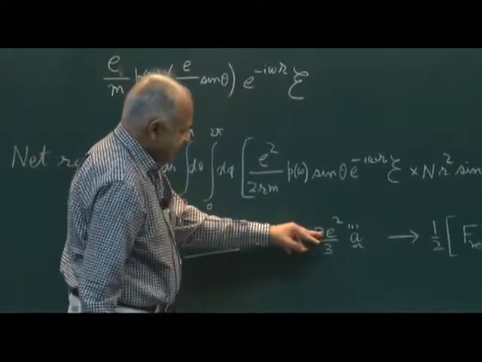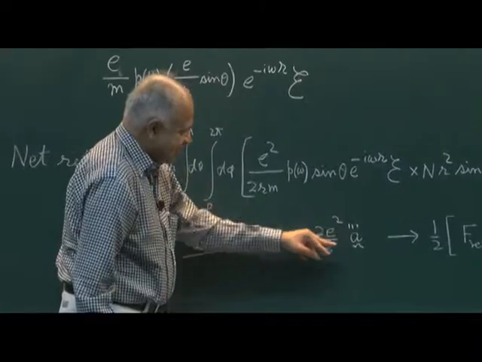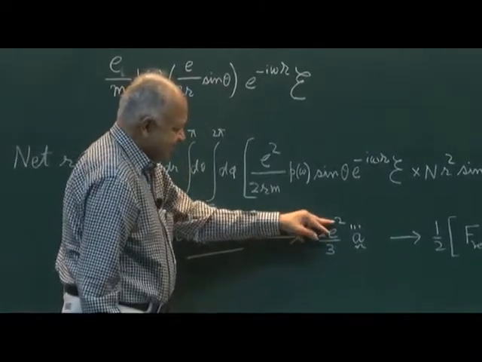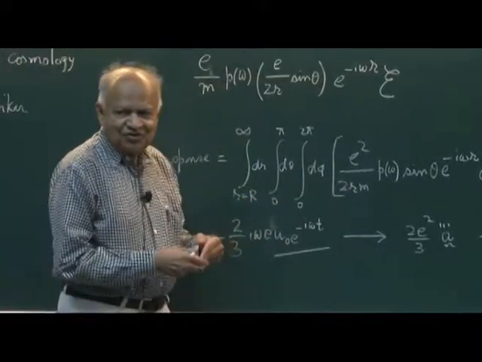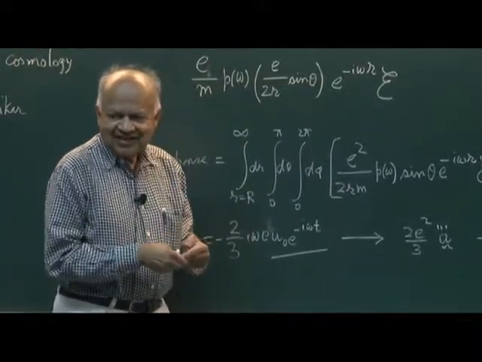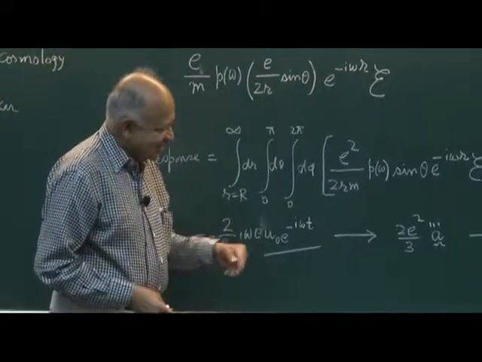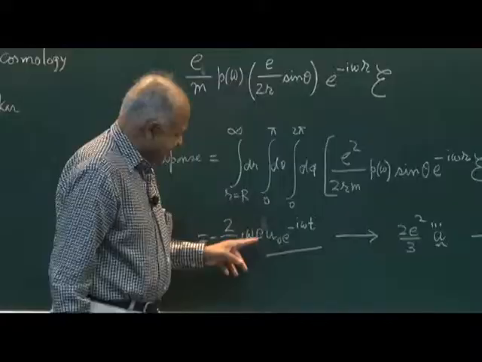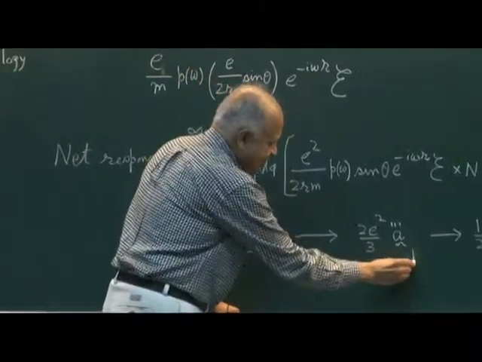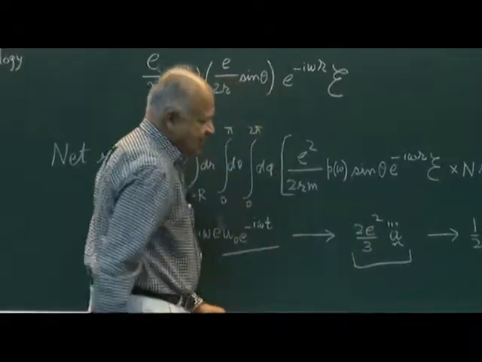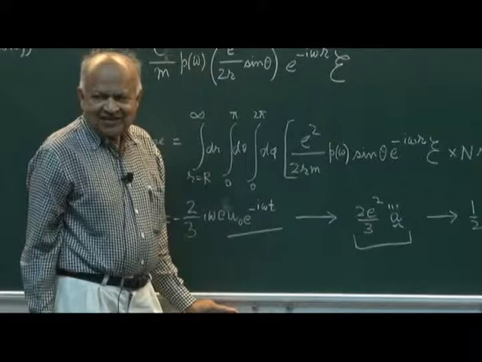So, 2/3 E square, A triple dot. It has become E square because this is the electric field you calculated. If you want to know the force on the electric charge, you multiply by the electric charge itself. So, that is why that E becomes E square, and what you have got is this formula, which is what is normally called the radiative reaction.